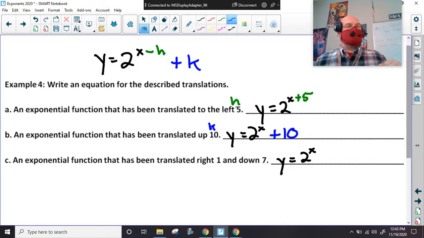Why is there an h right here? This. Why is the h in the exponent? All right. So, got you.